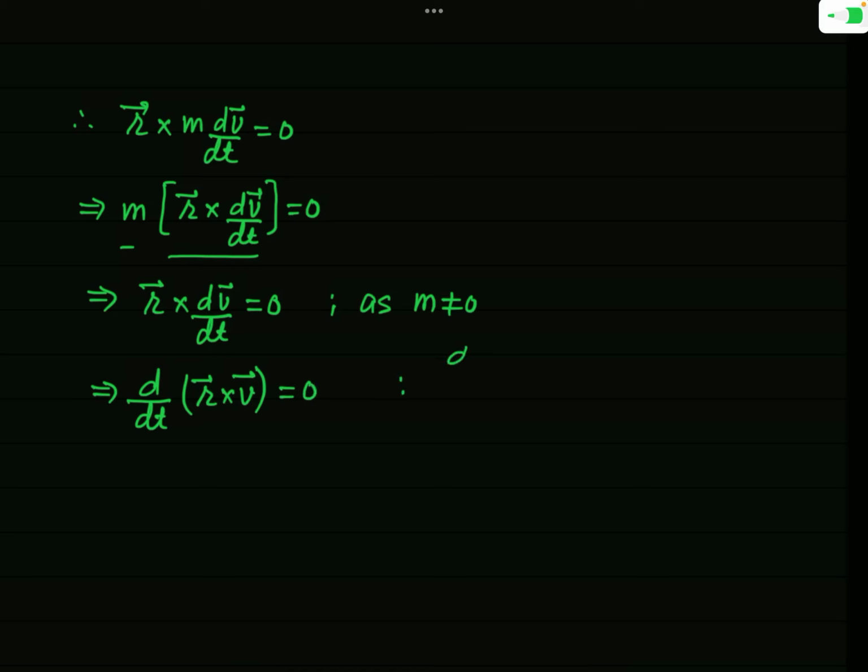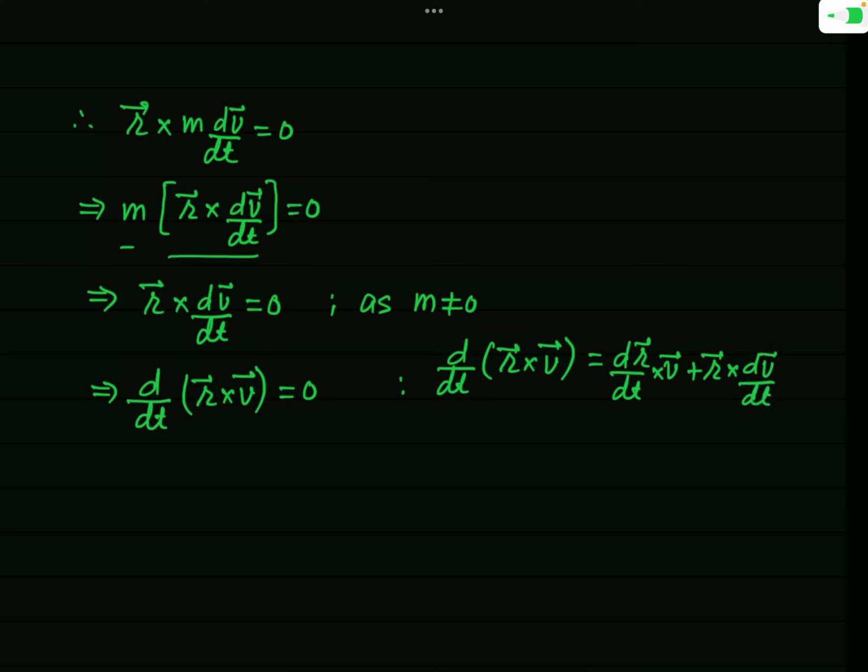If you evaluate d dt R cross v, then by the rule of differentiation of a product of two vectors, this will be dr dt cross v plus R cross dv by dt.